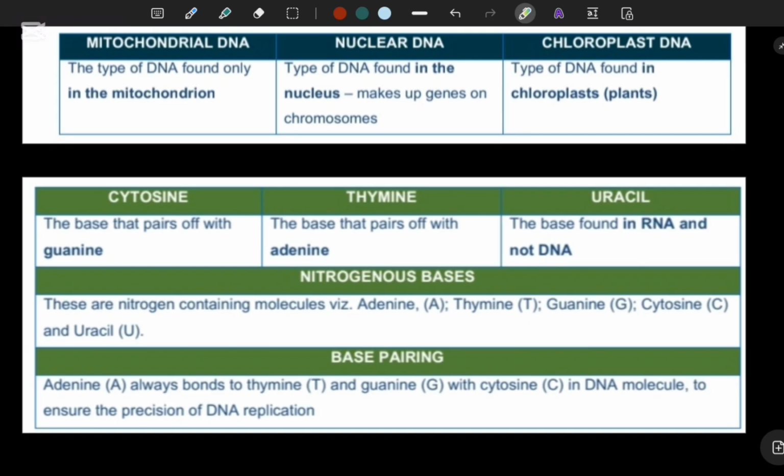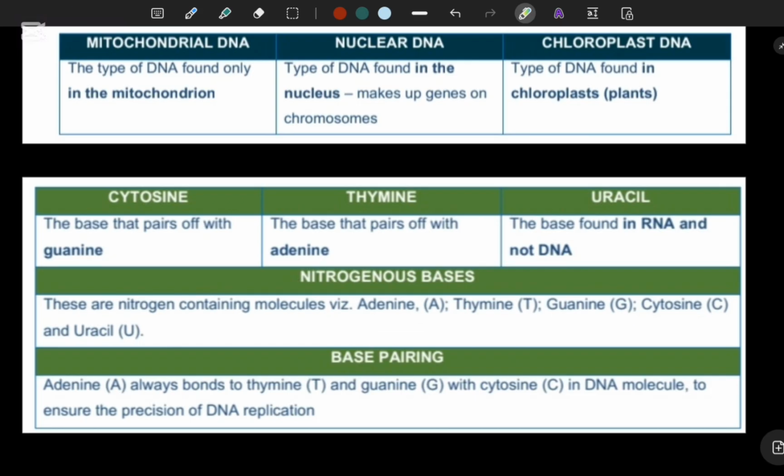I was talking Greek before talking about nitrogenous bases. These are nitrogen containing molecules: adenine, thymine, guanine, cytosine, and uracil. We have 5 nitrogenous bases in life sciences that we talk about. Each nucleic acid only contains 4 different nitrogenous bases. DNA contains adenine, thymine, guanine, and cytosine.